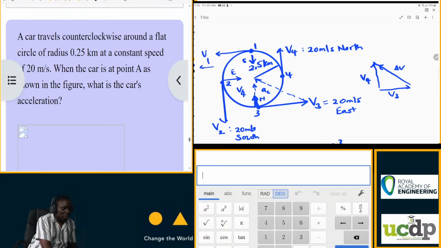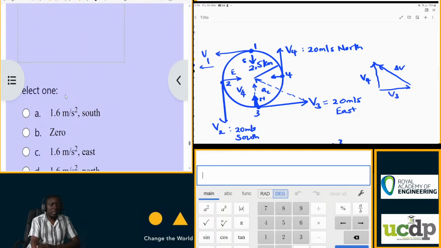Or if the point is this one, then it's west. So that's basically what that acceleration should be. The magnitude is constant, and the direction is given by the direction towards the center in general. The direction is the direction towards the center.